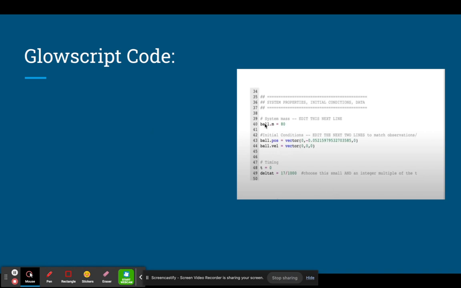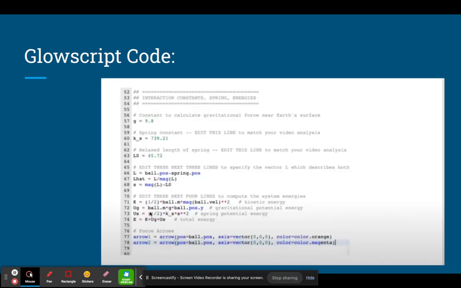We had ball.m, which is essentially the start of the rope where he initially starts to swing. This is his mass, and then these are the initial conditions for the velocity and the positions. And this right here is our time beginning at 0 and our delta t when it swings.